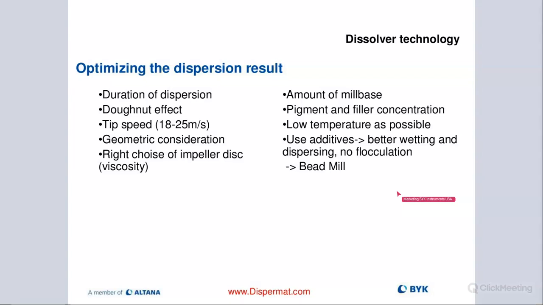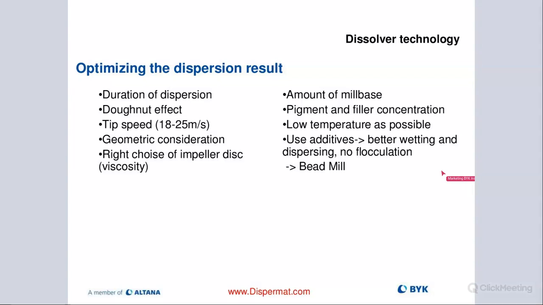So in order for us to optimize the dispersion result, we want to look at the duration of our pre-dispersion. Again, the donut effect, that visual cue that we're looking for. Tip speed, really critical, 18 to 25 meters per second. Geometric consideration, meaning the ratio of blade to container. Again, if the viscosity is higher, we want to use a larger blade.